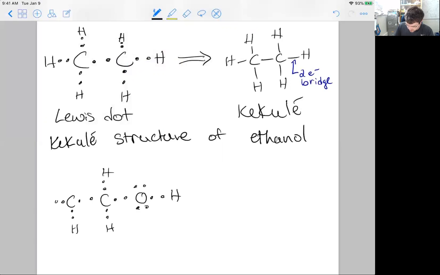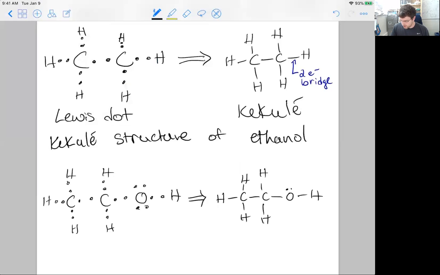Now there's an important caveat when we're drawing Kekule structures of molecules with more complex elements than carbon and hydrogen. Complex really isn't fair. Let's just look at an example. Let me clean this up. So hydrogen, line to carbon, line to carbon, line to oxygen, line to hydrogen, with hydrogens on the carbons.